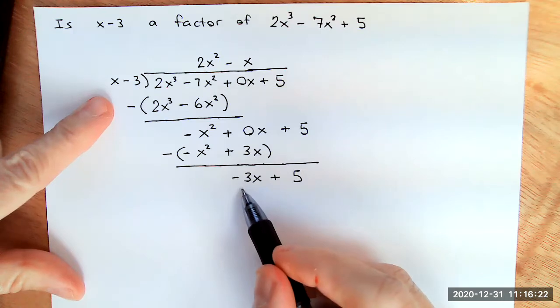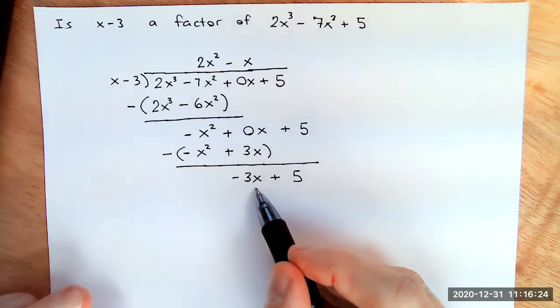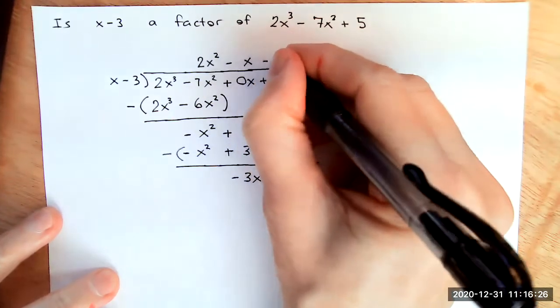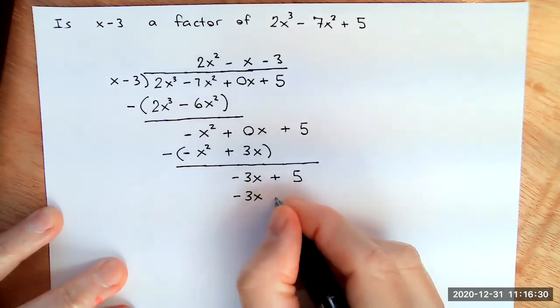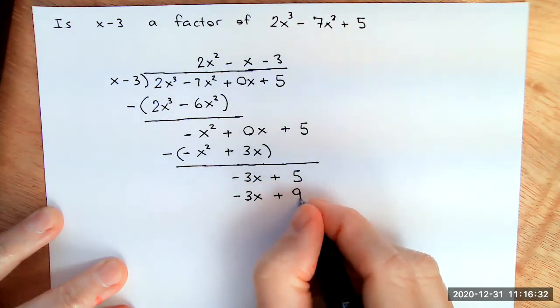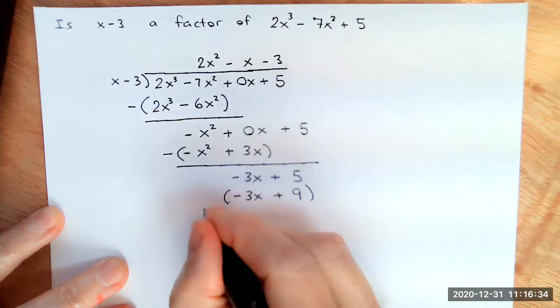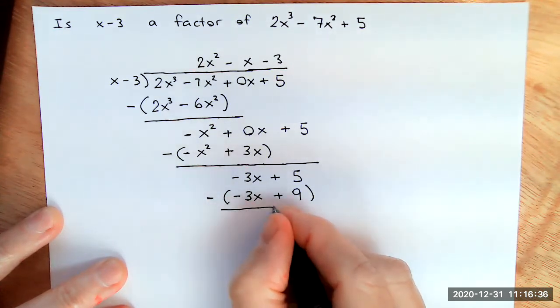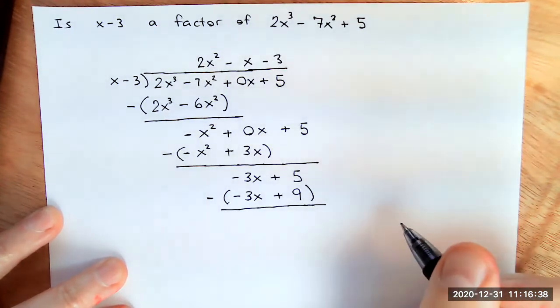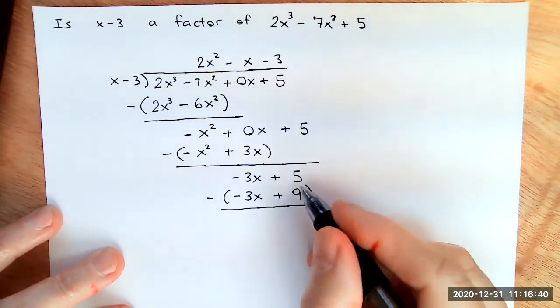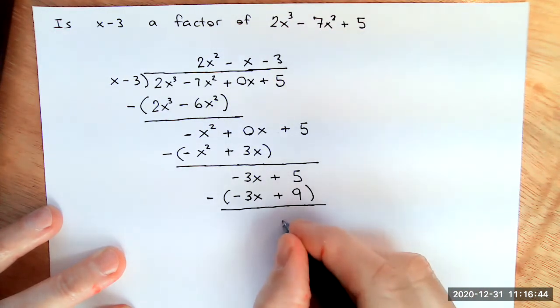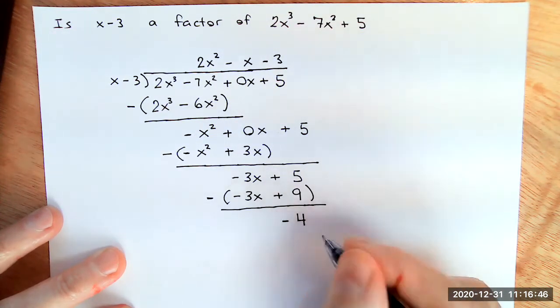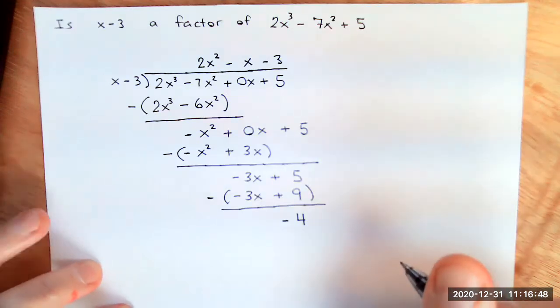What do I multiply x by to get negative 3x? That would be negative 3. Subtract. Don't forget to distribute that negative. So we end up with a remainder of negative 4.